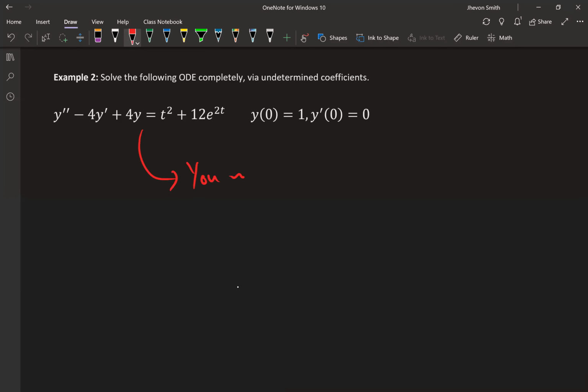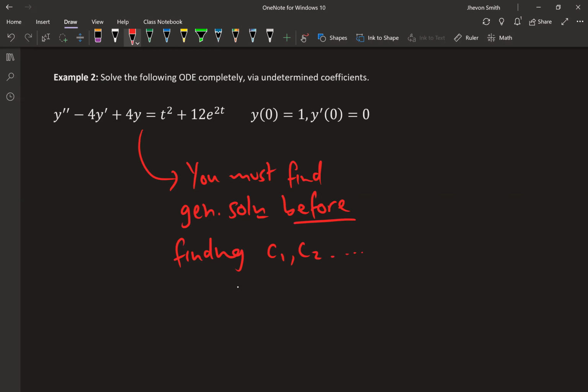You must find the general solution before finding C1, C2. So make sure that the moment you get the homogeneous solution, it's very tempting to start solving for C1 and C2 right there.